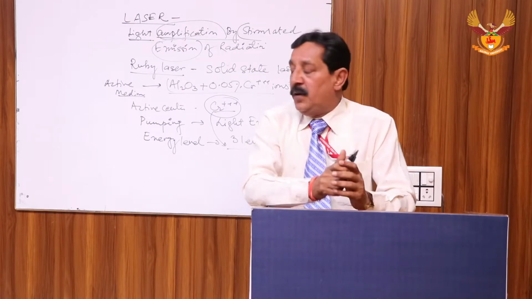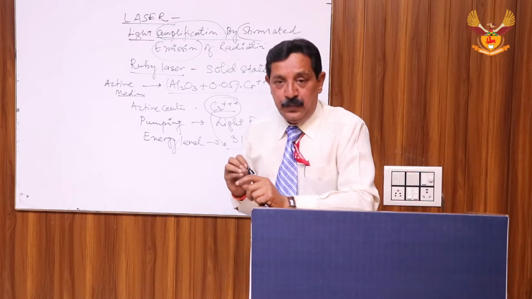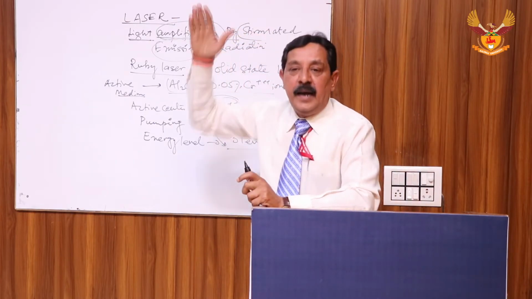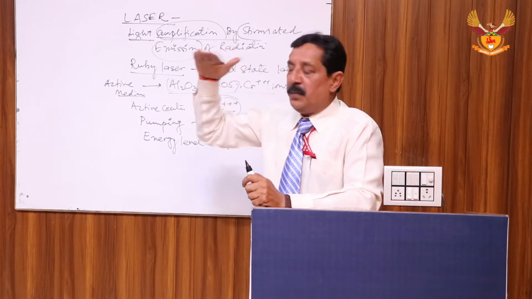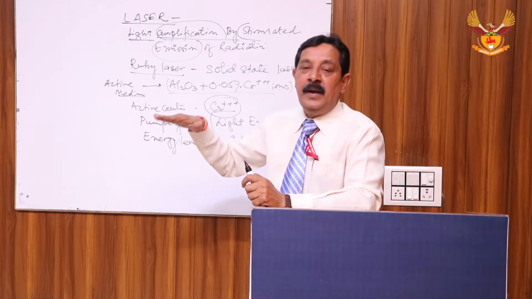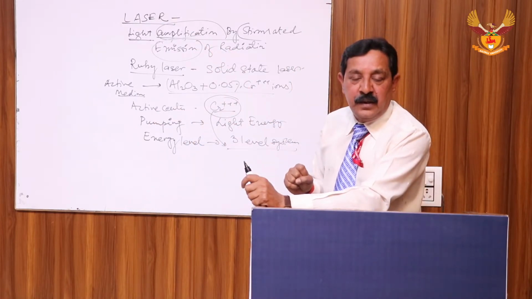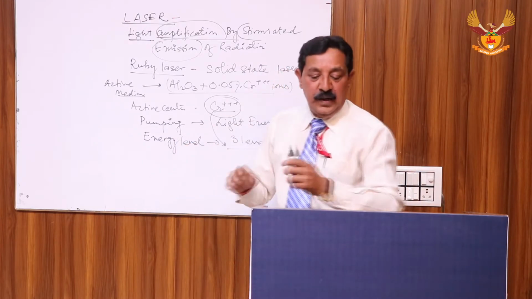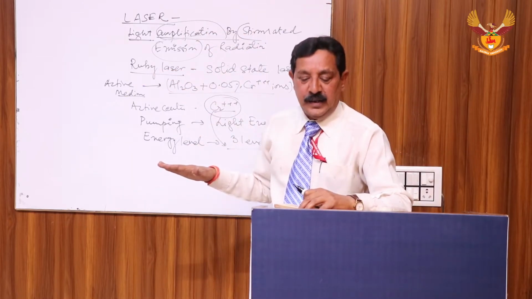During that period we bombard photons of energy h nu. After getting some energy from the photons, they drop towards the metastable state, and during the transition from the excited state to the metastable state the chromium ions release waves called laser. A similar process happens during the downward transition from the metastable state to the ground state.